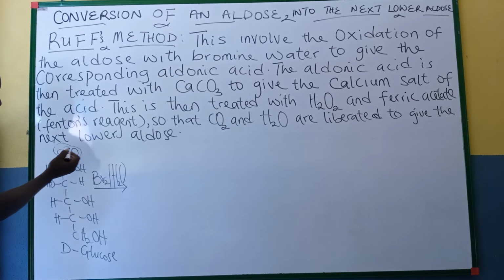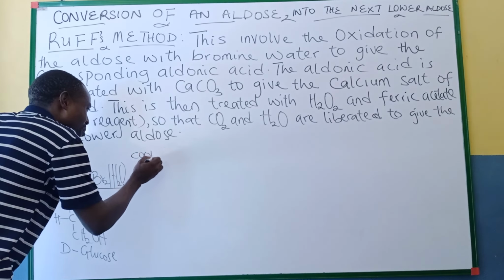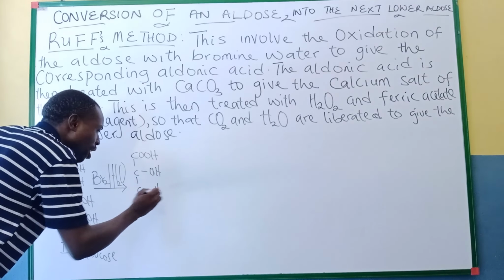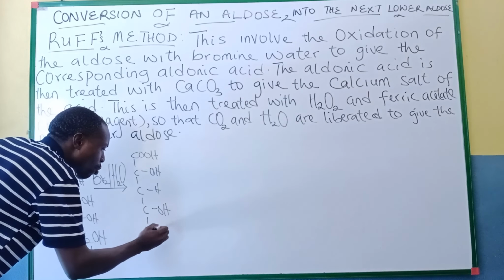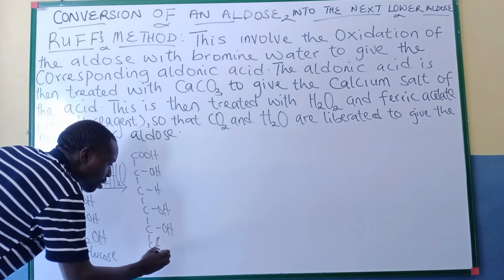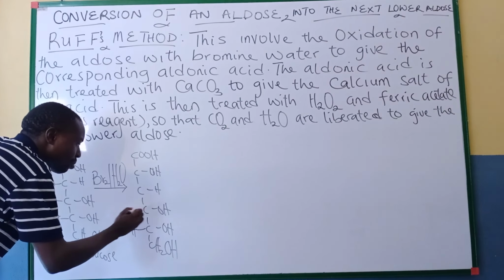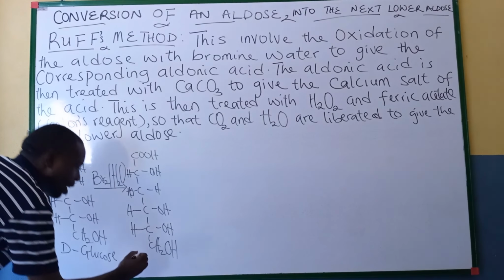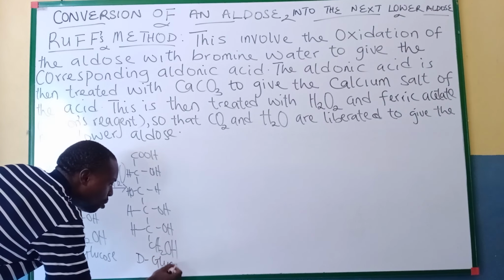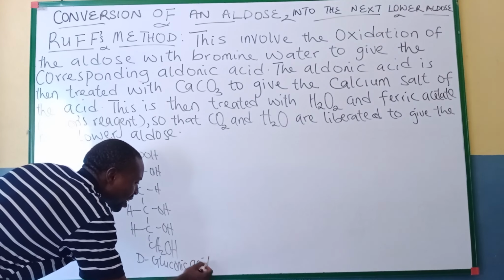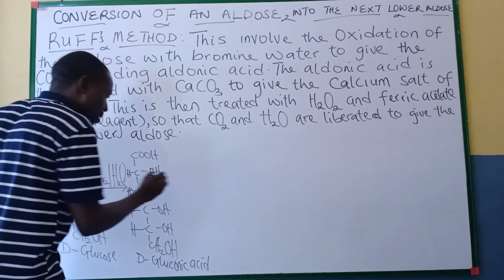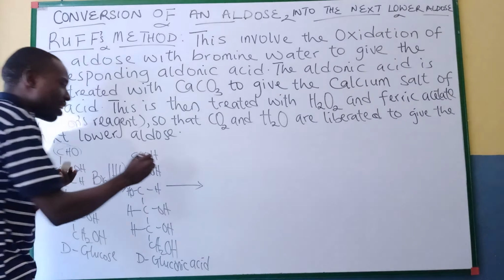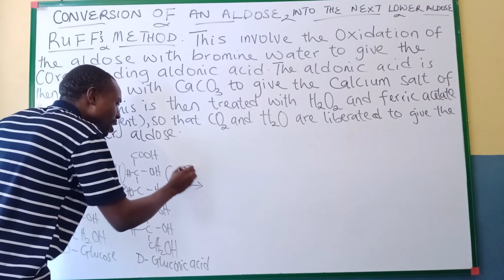It oxidizes this functional group to give us the carboxylic acid. So everything else remains the same. So this is what we call D-gluconic acid. This is the first step. Now the second step is that this D-gluconic acid is reacted with calcium carbonate.